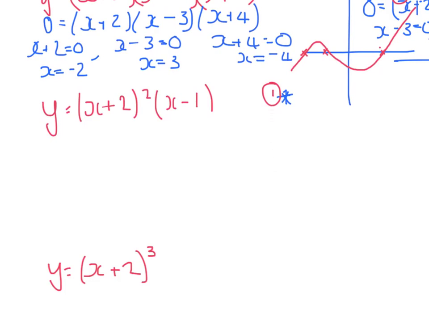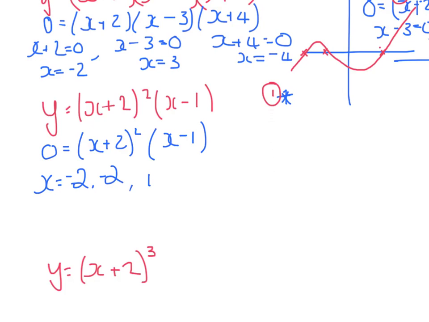What about this second one then? So let's follow the process through again. 0 is x plus 2 squared x minus 1. So either x is minus 2 or minus 2 again, or it's 1. Now this is a little bit tricky to think about, but hold your horses for a second.